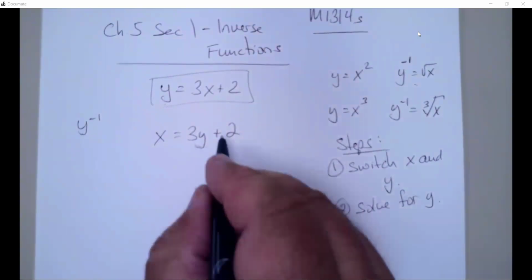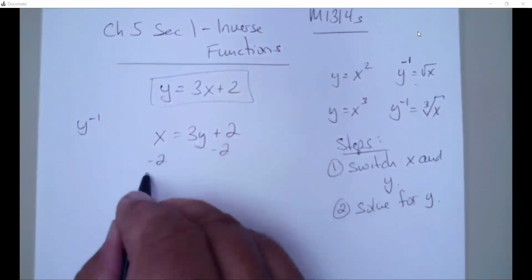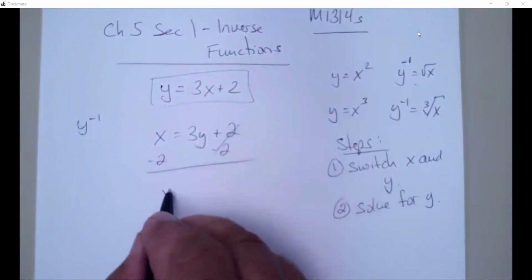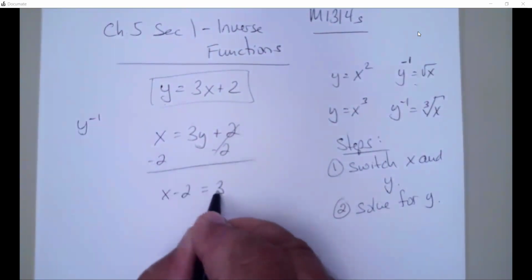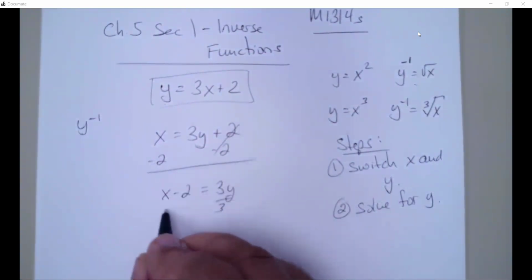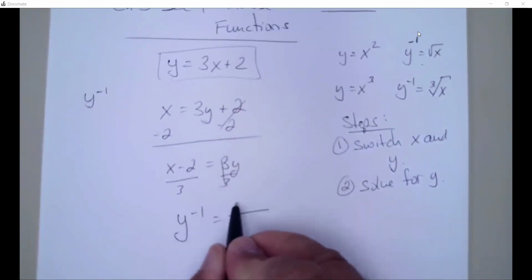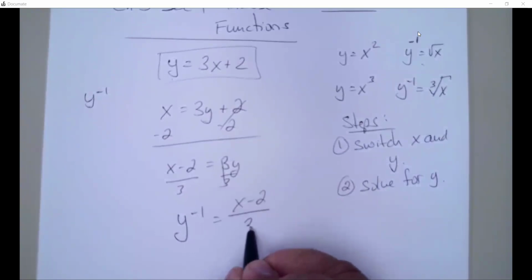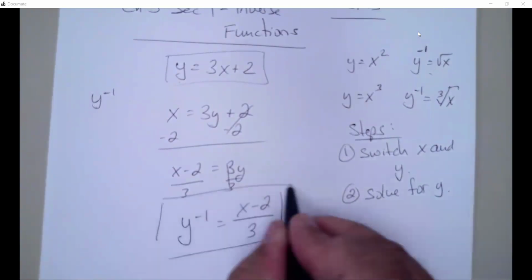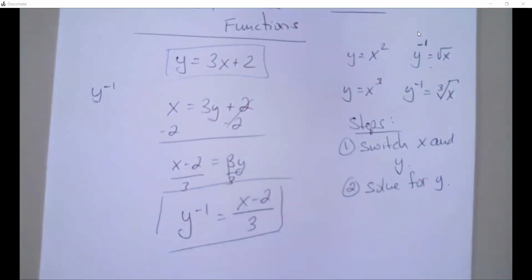Now I solve for y. And divide by 3. So my inverse function is equal to x minus 2 over 3. That's all there is to it. Just switch x and y and solve for y.